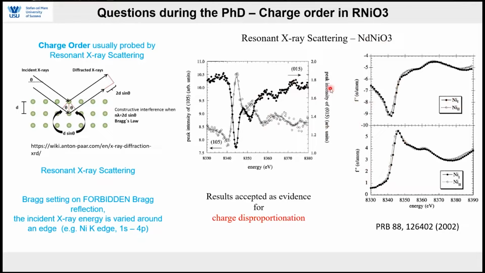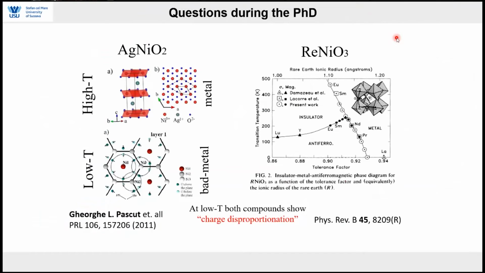So basically, by doing this measurement, we claim experimentally that we have charge order in NdNiO3. Now, this is the experimental result, the experimental or phenomenological interpretation. Later on, I will show you that using theory, what we have in this material is some orbital selectivity, and I'll go further into that.